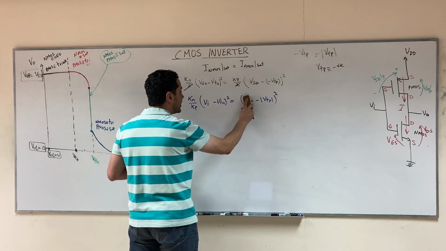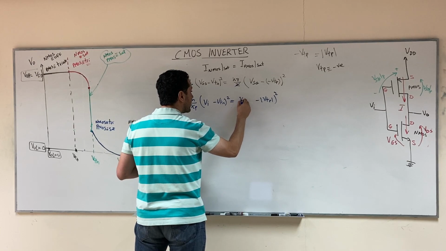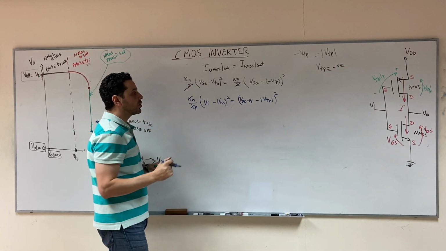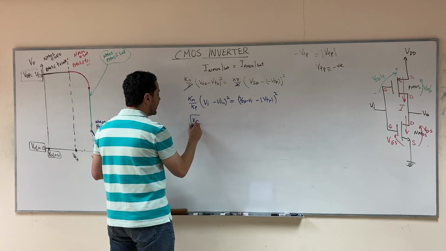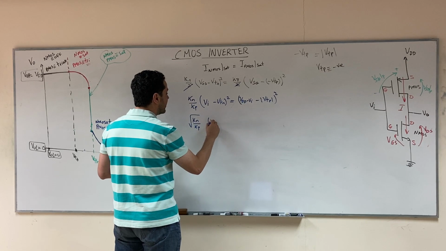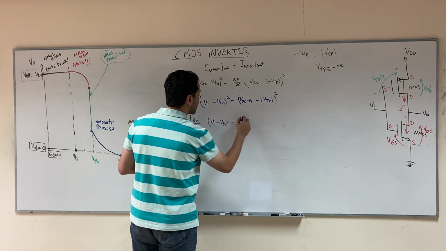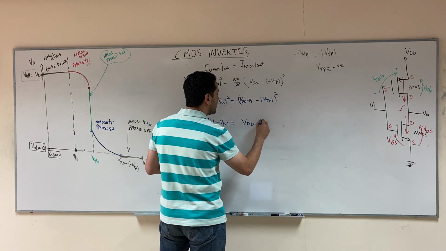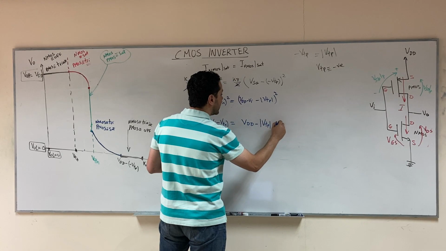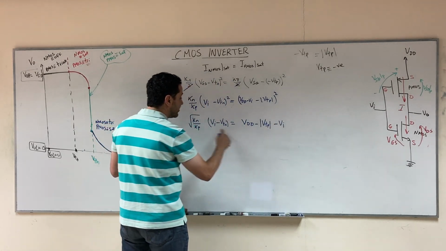So we can replace VSG here by VDD minus Vm. And then let's take the square root of both sides. So we'll get square root of Kn over Kp times (Vm minus VTN) equals, on the other side, VDD minus magnitude VTP minus Vm.